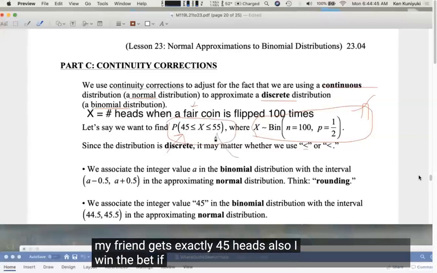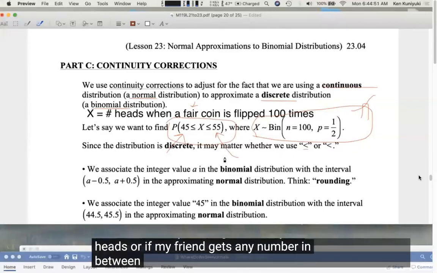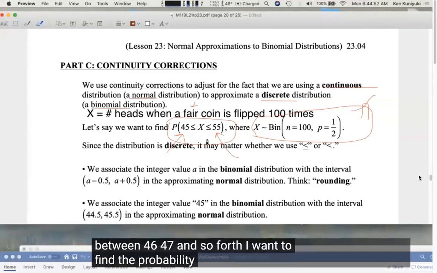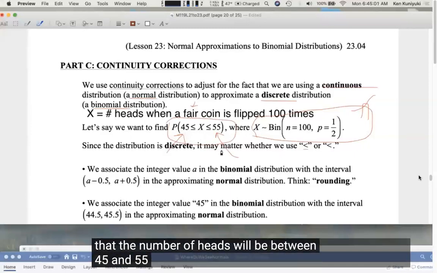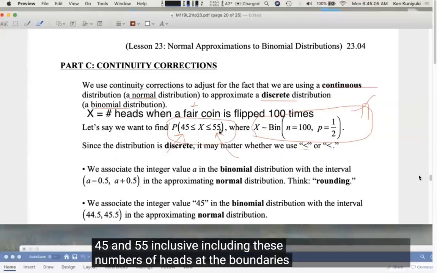Also, I win the bet if my friend gets exactly 55 heads, or if my friend gets any number in between: 46, 47, and so forth. I want to find the probability that I win this bet, that the number of heads will be between 45 and 55 inclusive, including these numbers of heads at the boundaries.